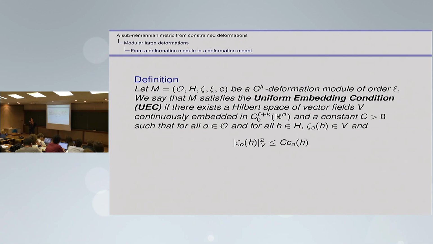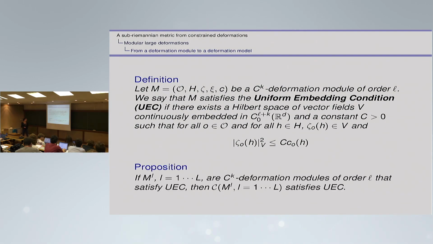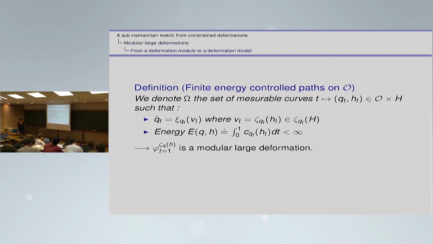So when you control the cost, you control, in a sense, the L2 norm of the generated trajectory of vector fields. One interesting fact is that this property is stable under combination. So if you want to build complex deformation modules that satisfy these properties, you can just build them as a combination of simple deformation modules that satisfy this condition, and automatically the compound deformation module will satisfy it. So if you satisfy this condition, you can integrate the flow.